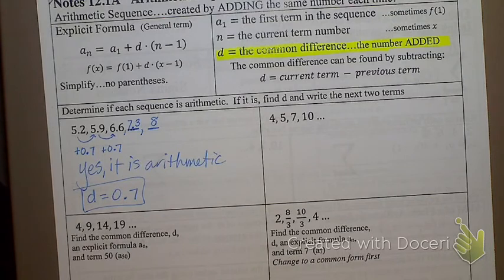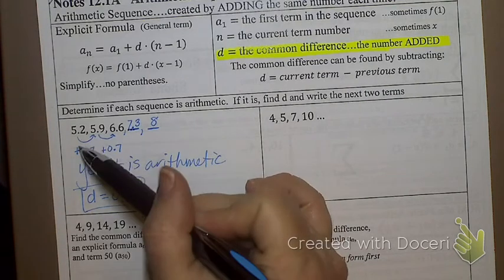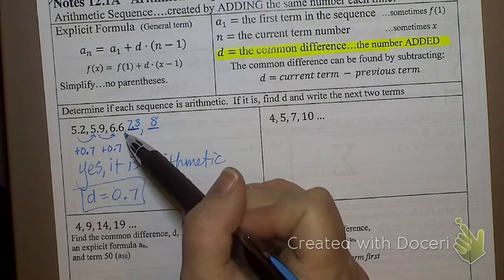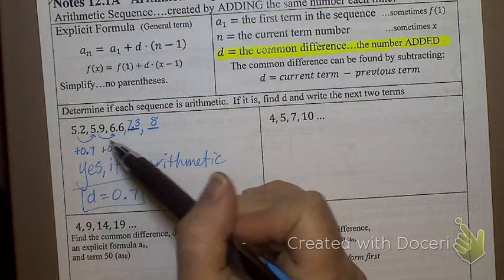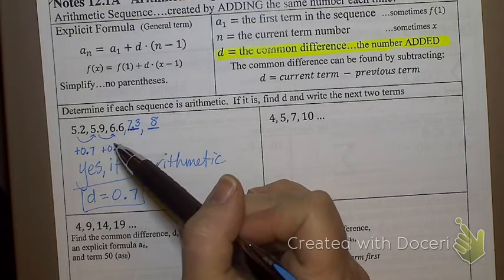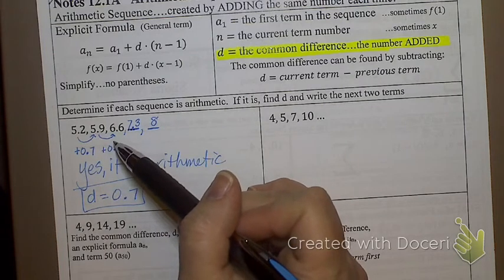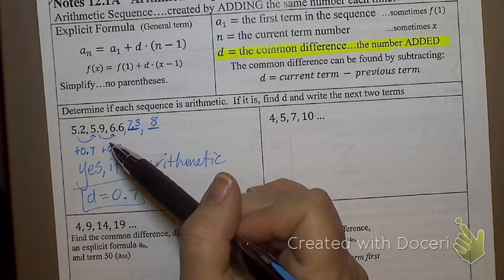Does that make sense? Now, with arithmetic sequences, you will always either add the same number each time or subtract the same number each time. As soon as you get into multiplying and dividing stuff, that is no longer a linear or arithmetic relationship. That would fit into one of the other categories.